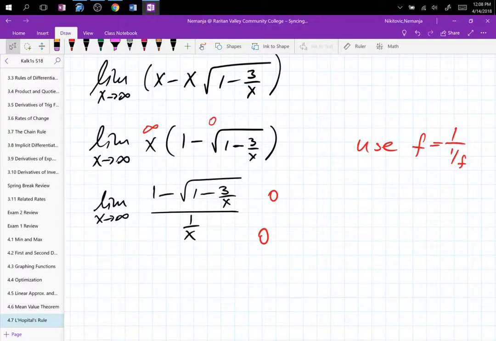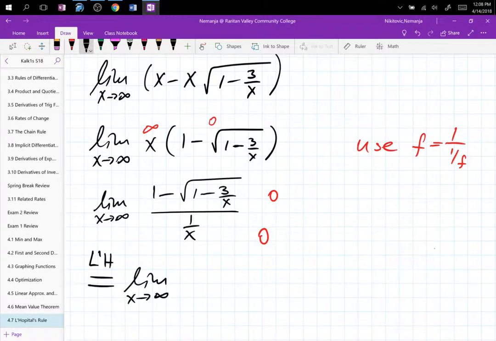And now it's derivative time, right? So this is equal, by L'Hopital, to the limit as x goes to infinity of negative 1 over x squared in the denominator. That's given.